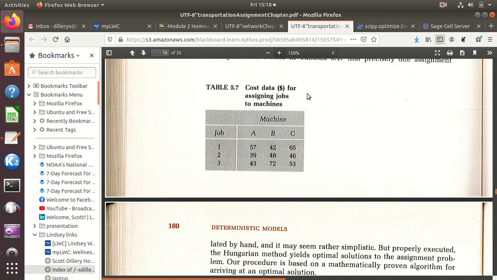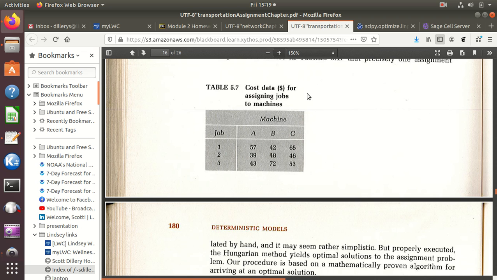So the question is, what should I assign to what? In the simplest case, I want to assign one job to one machine, period. I have 3 jobs, I have 3 machines. What's the cheapest way to do it? They give an algorithm, but once you set it up as a linear program, you can just solve it in something like Python on our Sage cell, and we'll do that today.